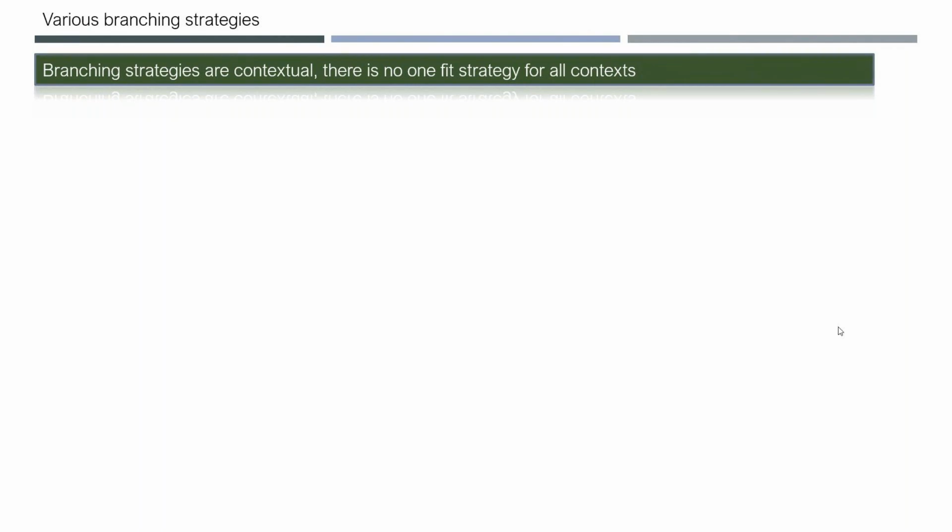So it depends on the type of the project you are working, number of people, number of releases, and post production issues. Based on all these factors, you need to define a branching strategy.